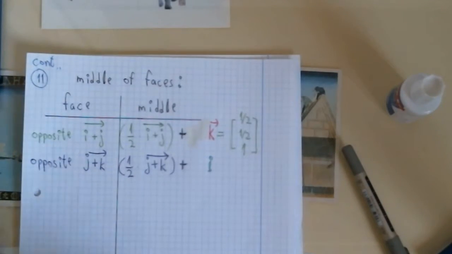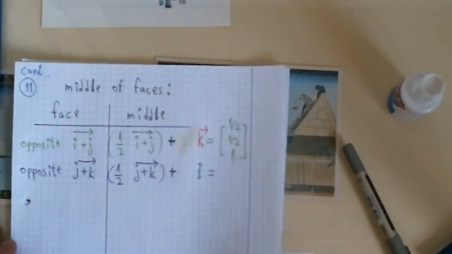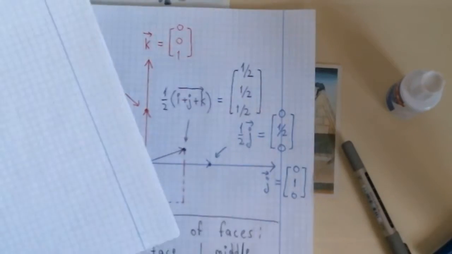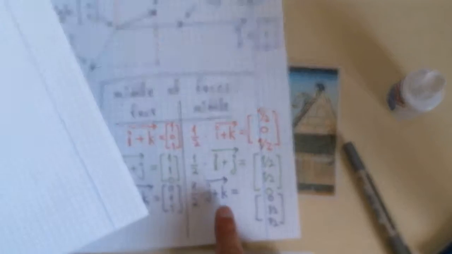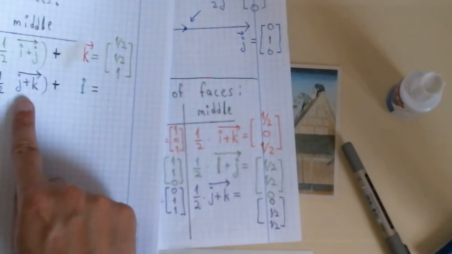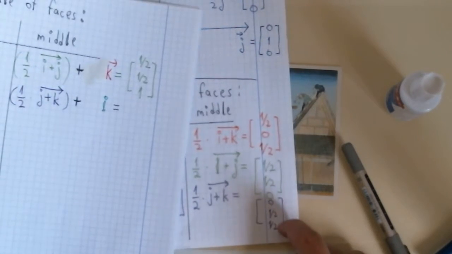And how much do we get? Half of j plus k was 0, half, and half.